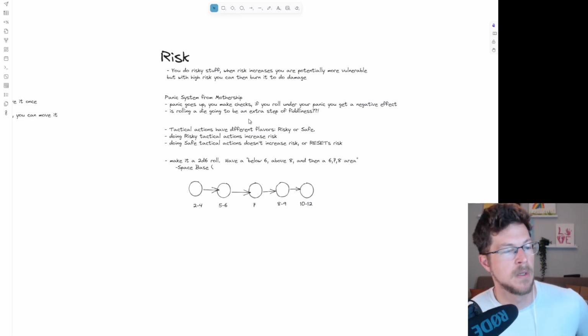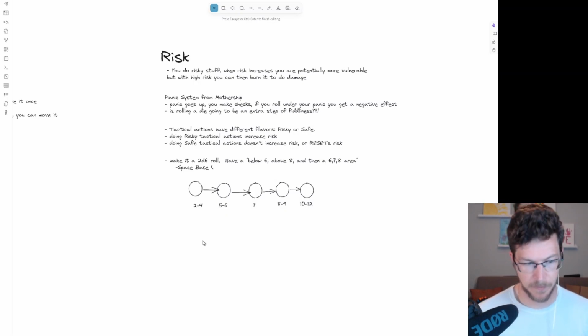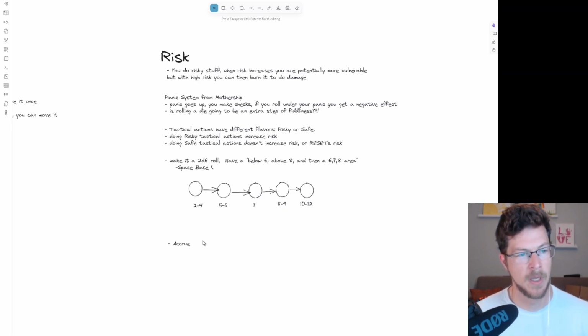And maybe what it is, here we're spitballing now, maybe it's accrue risk, right? Certain tactical actions build risk.